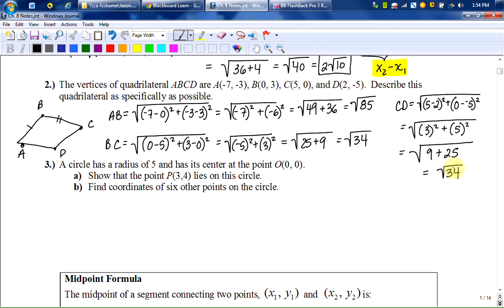There's my third distance, which is CD, which is equal to BC. So I have adjacent sides that are equal. So I start to have an idea of what sort of shape I'm dealing with.